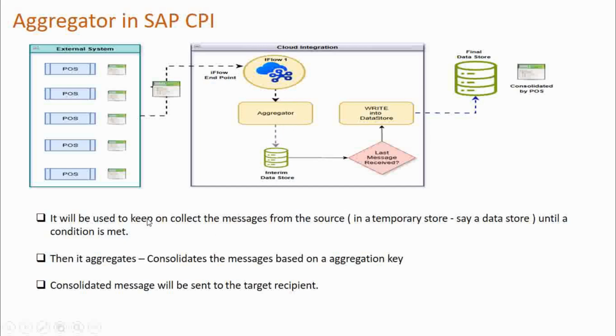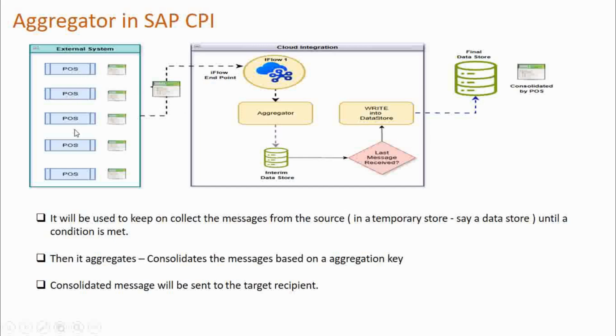Once the condition is met, these small messages are collected and aggregated based on some particular key. For example, if it is sent by an employee, then all messages sent by that employee will be collected and aggregated based on that employee ID.